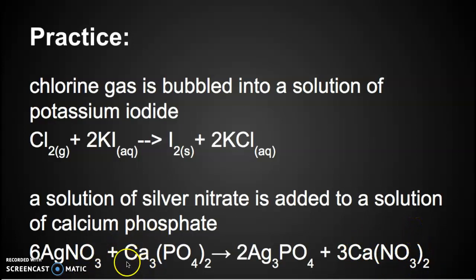We can see that we started with 3 calciums. So we really got to end with 3 calciums. So we put 3 Ca(NO3)2. But that gives us 6 nitrates. And if we end with 6 nitrates, we've got to start with 6 nitrates. So 6 AgNO3. And that's 6 silvers. So we need 6 silvers at the end, 2 Ag3PO4, which is also 2 phosphates, which is good because, hey, look at that.